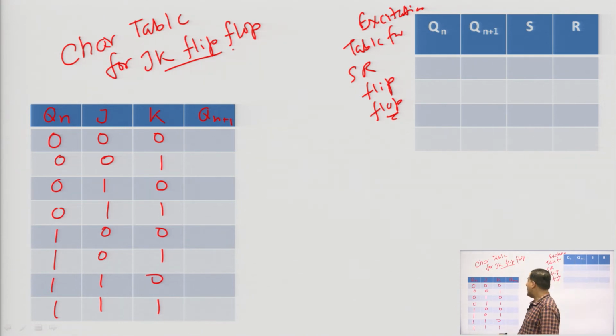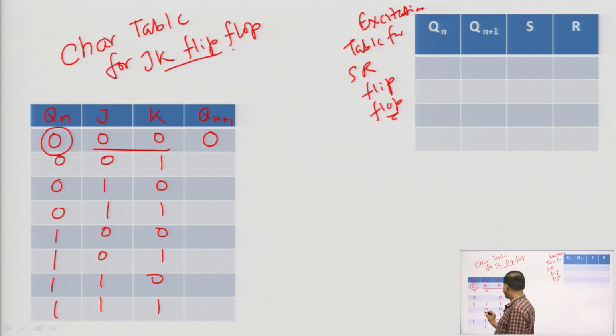So, we know that for JK flip flop, when both the inputs are 0 0, the next state will be the same as the previous state. So, here Qn is 0, so we will be having Qn plus 1 is also 0. Same like that, when both our inputs are 0, the Qn plus 1 will be same as Qn.